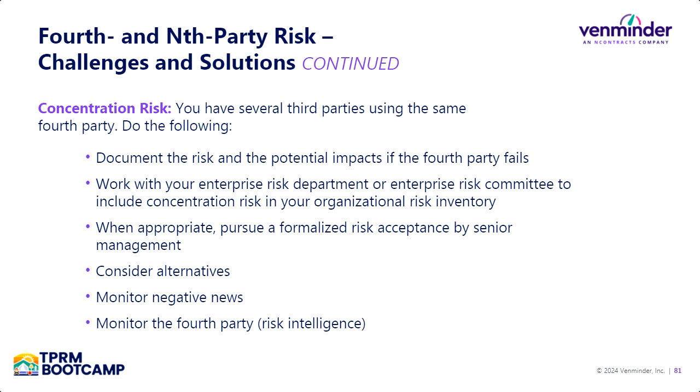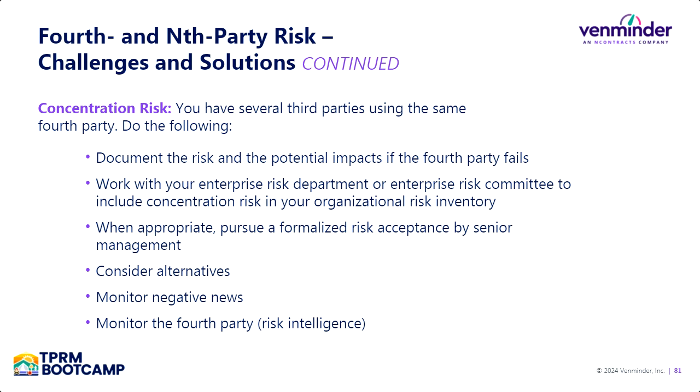So you need to understand across your organization how you're using those third parties, where those impacts could be with you. Again, work with your enterprise risk department or enterprise risk committee to include concentration risk in your overall organizational risk inventory. So there is a broad spotlight on that potential risk.